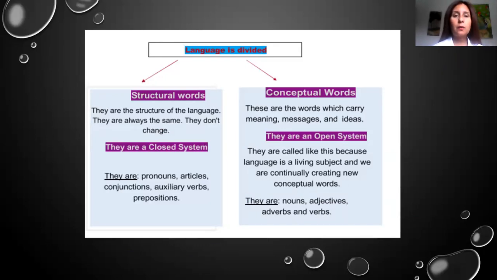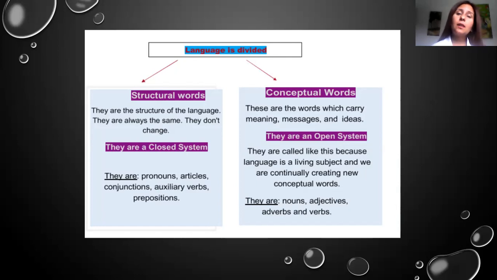That's why this group of structured words that make the structure of the language is known also as the closed system. It is a system that is closed, and there is the core of the language. That's why they don't change. Which words are they? The pronouns, articles, conjunctions, auxiliary verbs, and the prepositions, okay?